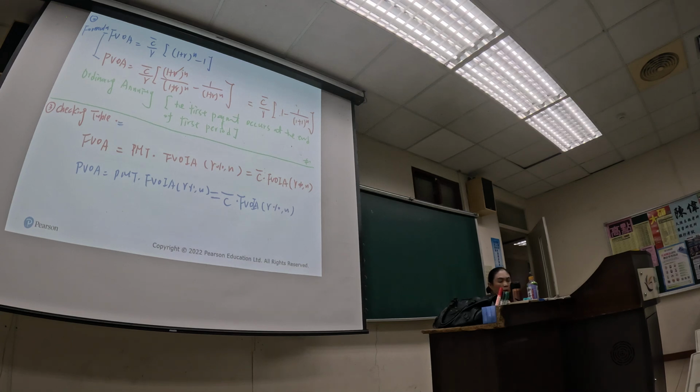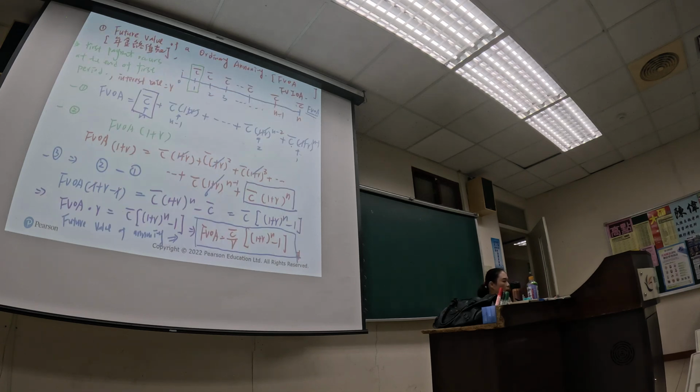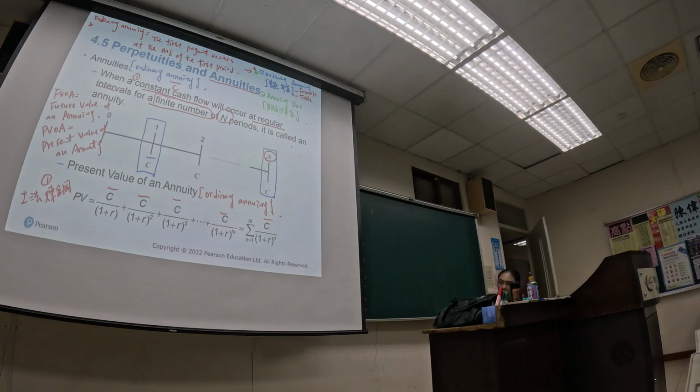Again, this table, all the factors are referred to ordinary annuity. Very, very important, yeah? So now you know that if there is a question related to annuity, you have 3 ways you can compute. The first way is this. You're doing it one by one.